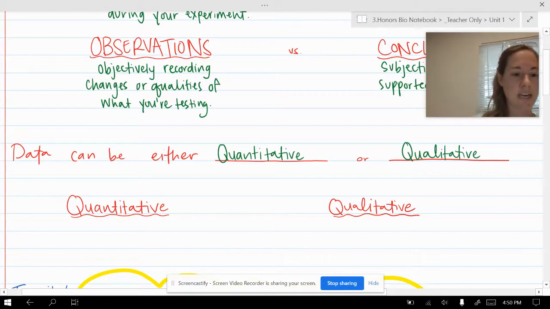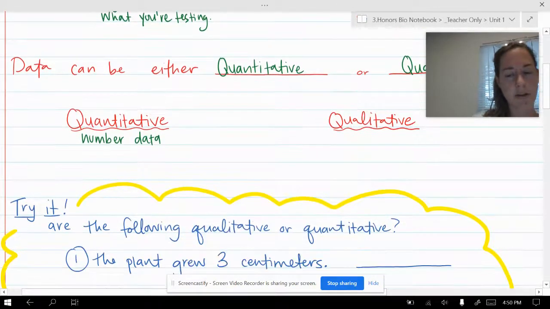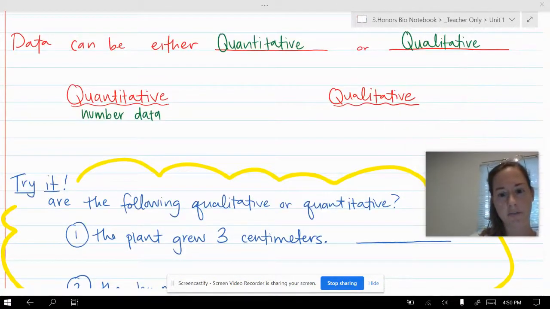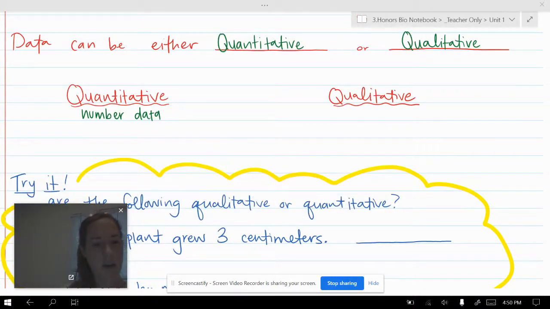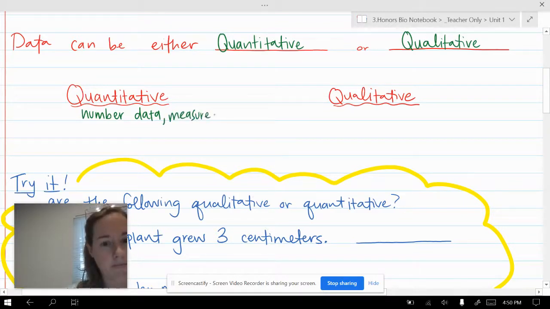So quantitative data is usually going to be number data. It's going to be related to measurements. And it's always going to have units.